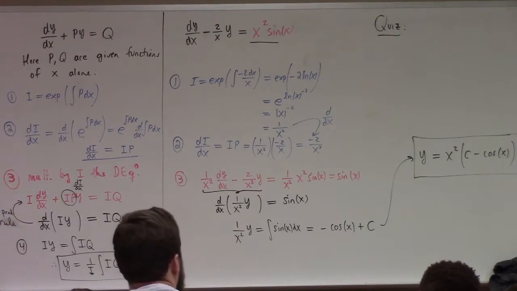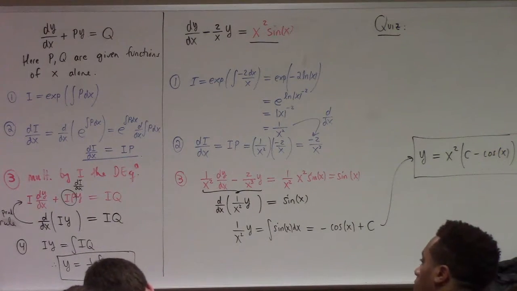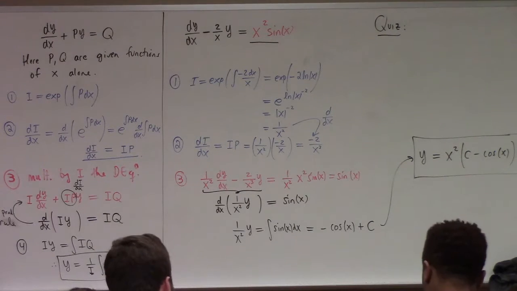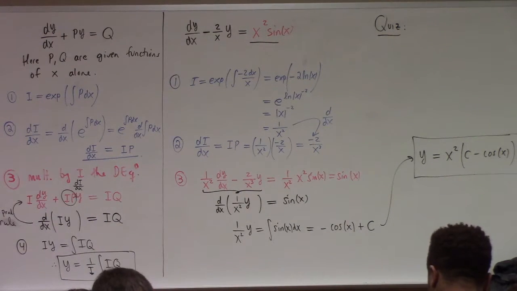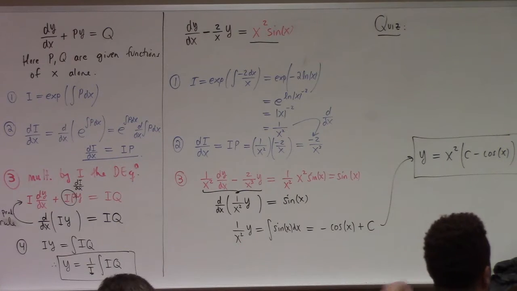Let's solve dy/dx minus 3y equals e to the x. All right?